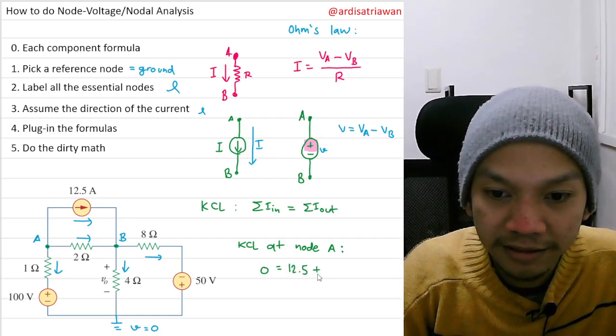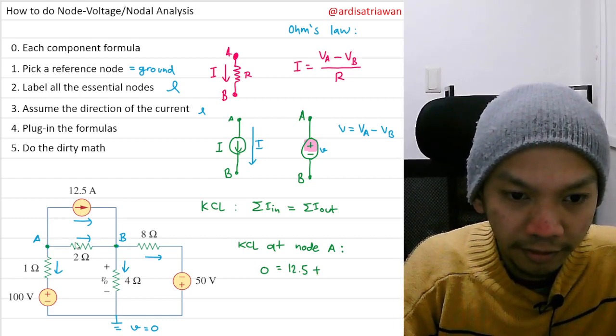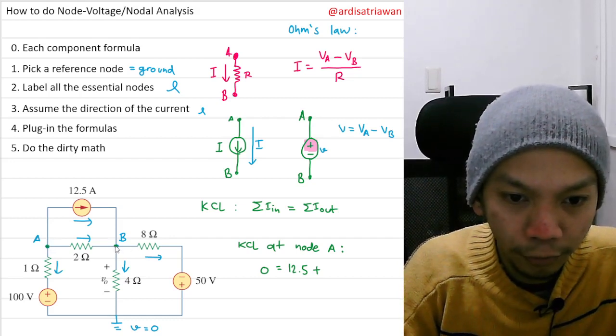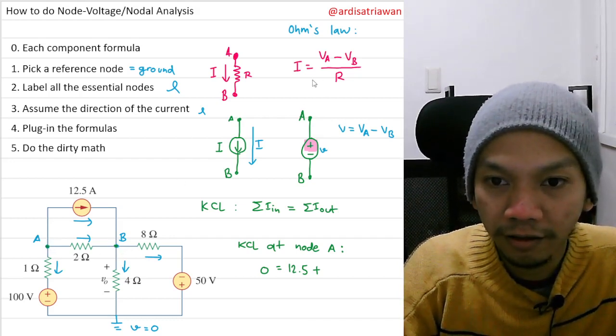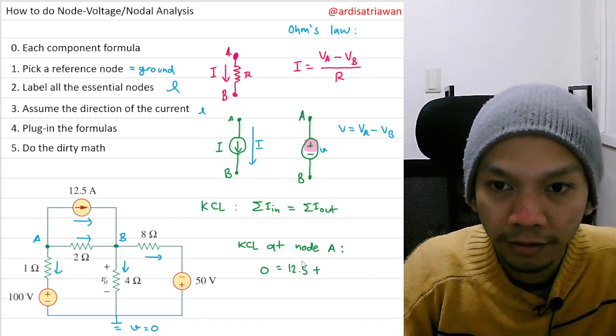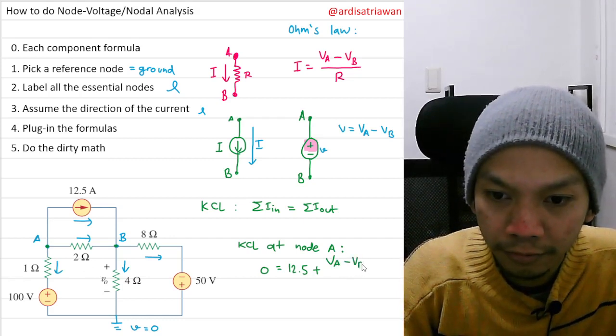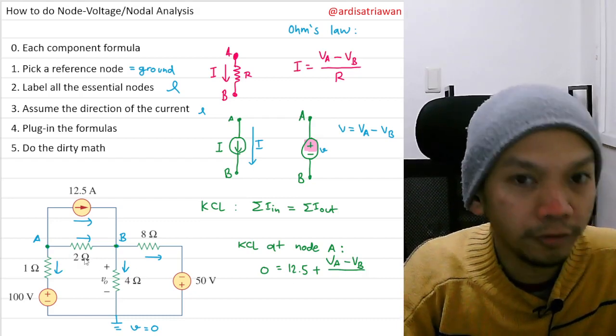And then plus we have this current here that goes from node A to node B, right? And remember that if we have a resistor like that, we will have VA minus VB divided by the value of the resistor, which is 2 ohm.